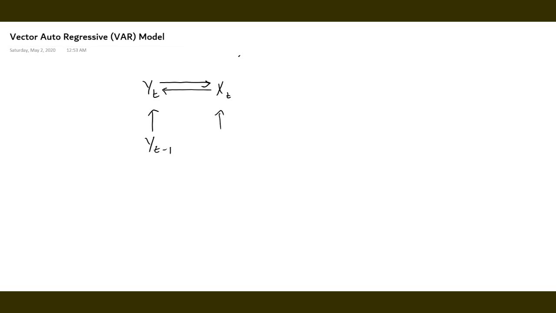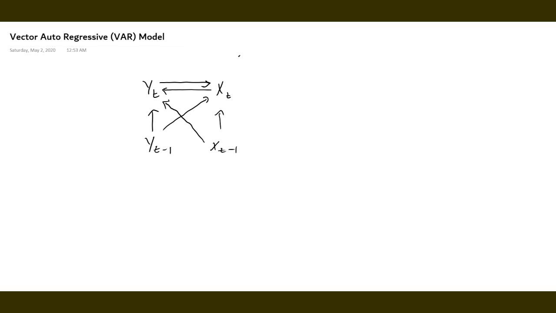Similarly, xt minus 1 can cause xt. And also yt minus 1 causes xt, xt minus 1 causes yt. So there are a lot of simultaneous equations created because of these interdependence. The variables all depend on one another.